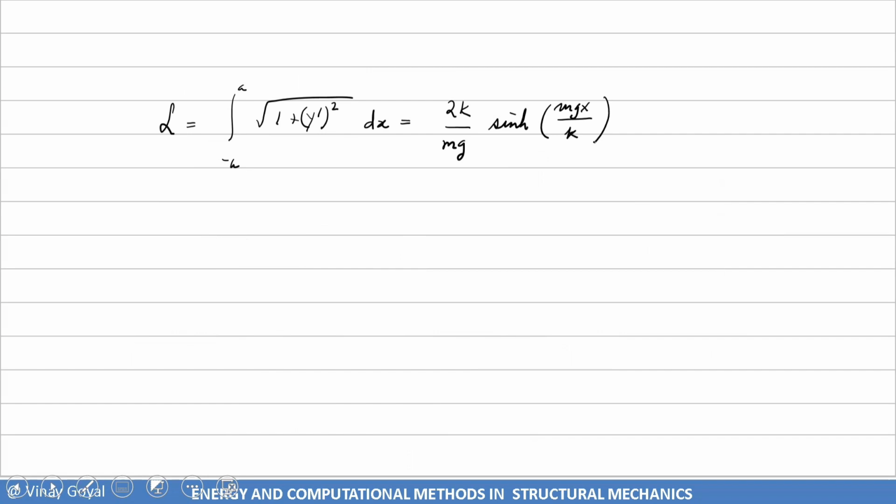And now I can solve, because I know the length of the chain, I can solve for k and then plug it into the equation for y of x.